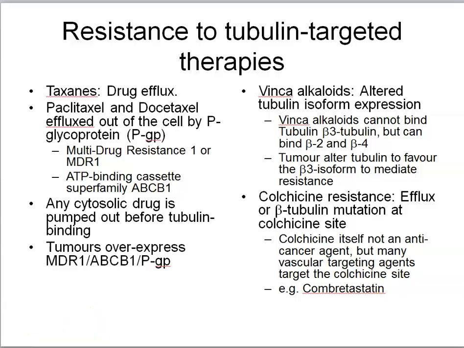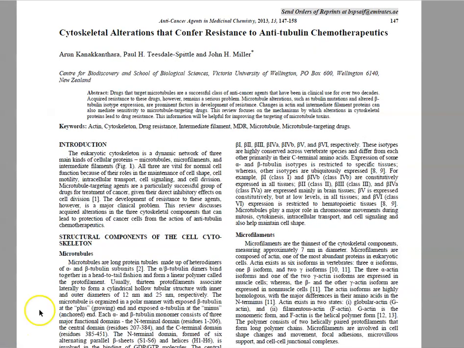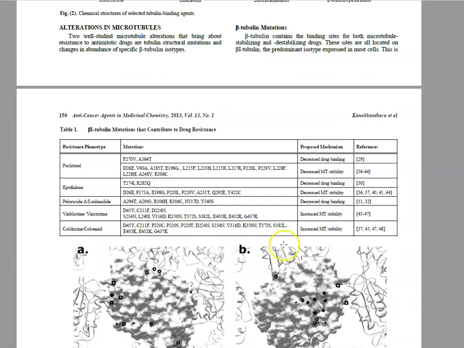So for further reading on this topic of resistance to anti-tubulin chemotherapeutics, this is an excellent review which is well worth looking at, and this goes through both the changes in tubulin isoforms and tubulin mutations that mediate resistance to the various different tubulin binding drugs. So here you can see other mutations in tubulin beta 1 isoforms that cause resistance to paclitaxel.